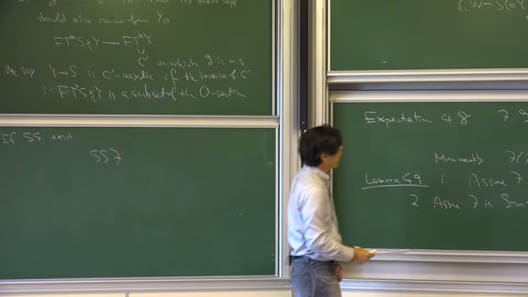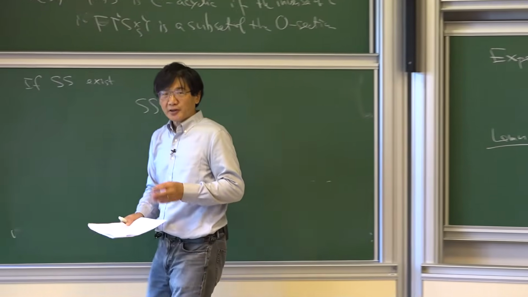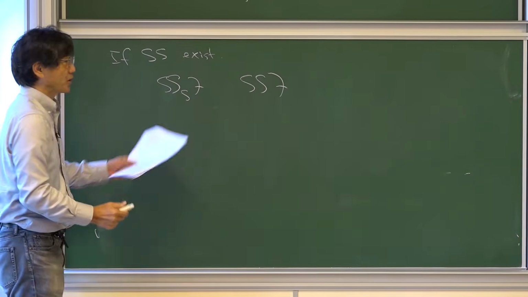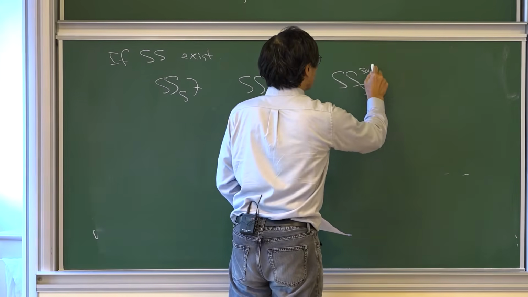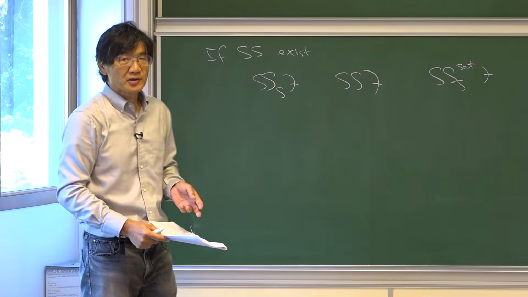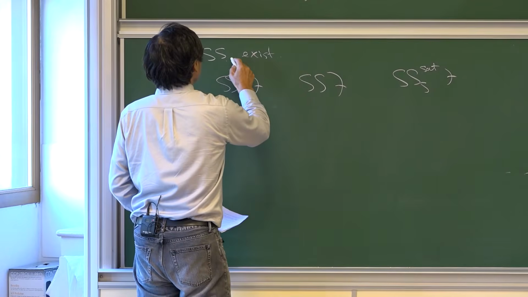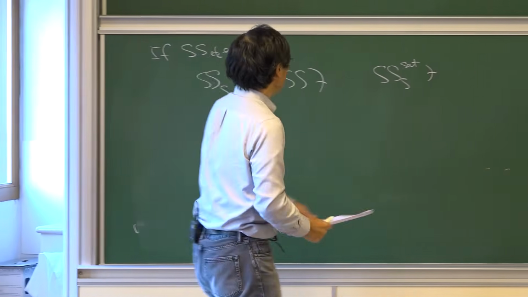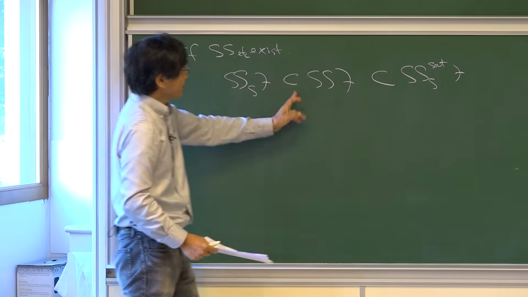I didn't define the relative version, but we defined the relative micro-support. So as usual, we can define the relative singular support as the smallest one, and the relative saturated singular support as the smallest saturated one, on which F is S-micro-supported on C. If they exist, this lemma says that we have this inclusion. So this is the correct one.